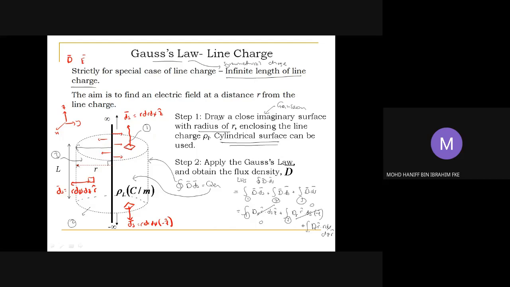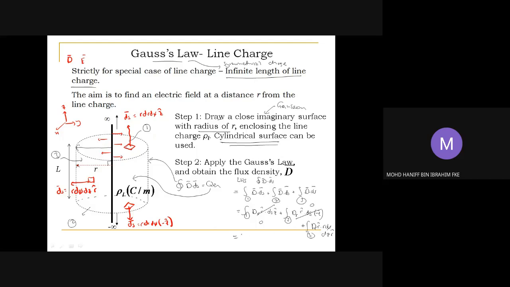But for the third surface, the curved surface, we have D_r in the direction of r, and ds is r dphi dz in the direction of r, so we have a dot product of similar unit vectors. So the D dot ds integration will be contributed only by the third surface.